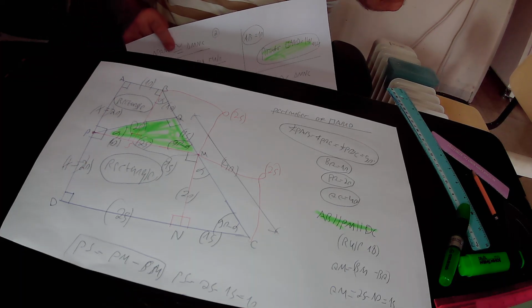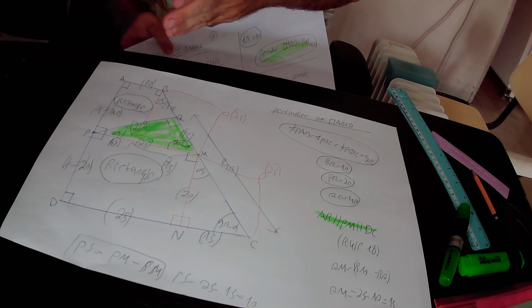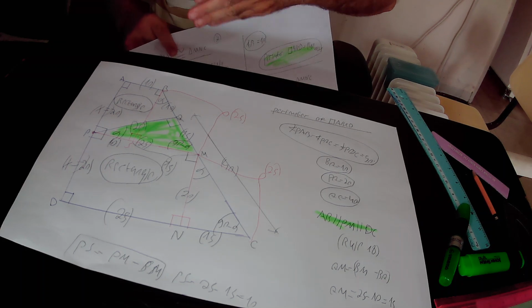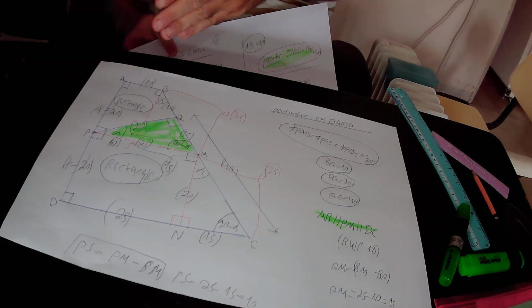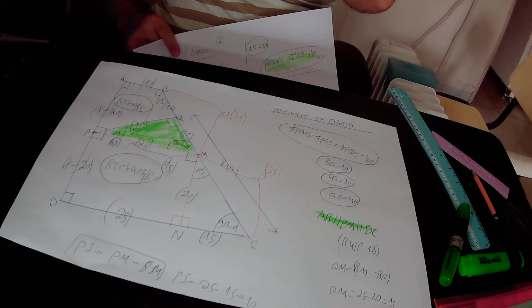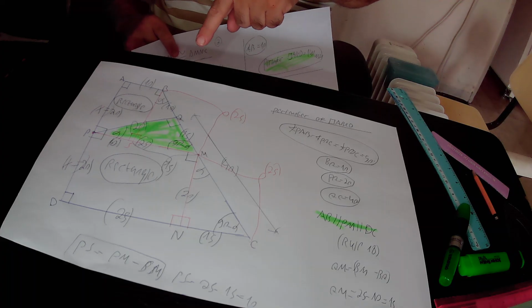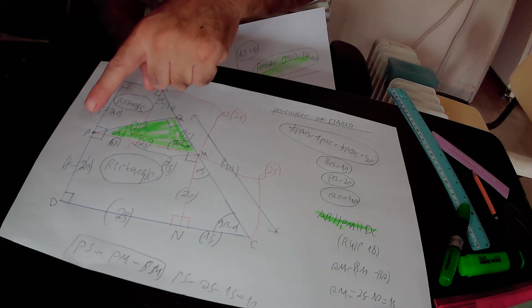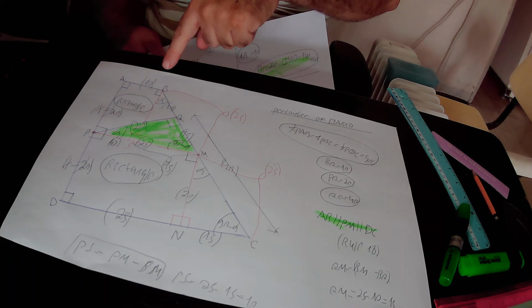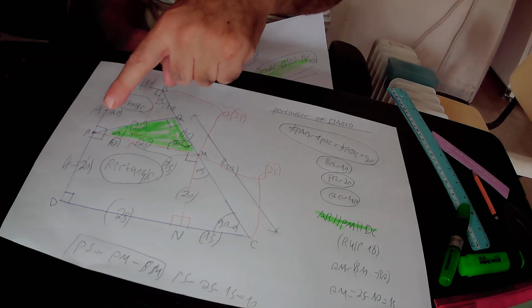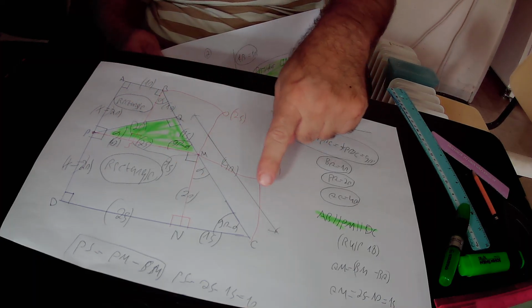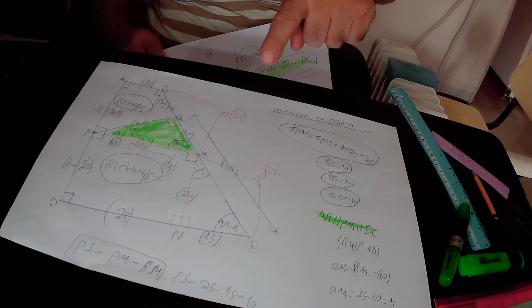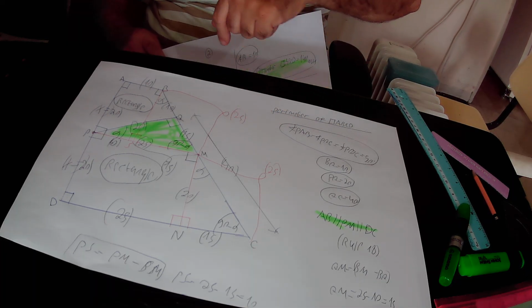Repeat again that the perimeter of this trapezoid ABCD equals the sum of its four sides. That is to say, it is AB that is 10 plus AD that is 40, 10 plus 40 is 50, plus DC that is 40, 40 plus 50 is 90, plus CB that is 50, and 90 plus 50 is 140.